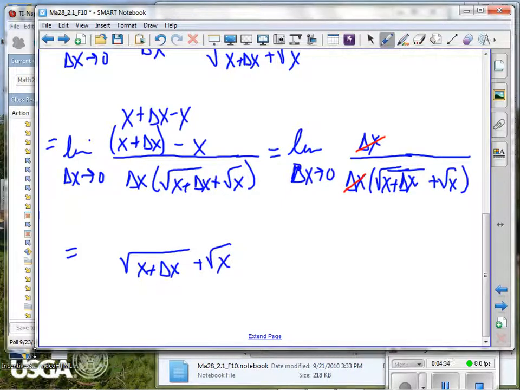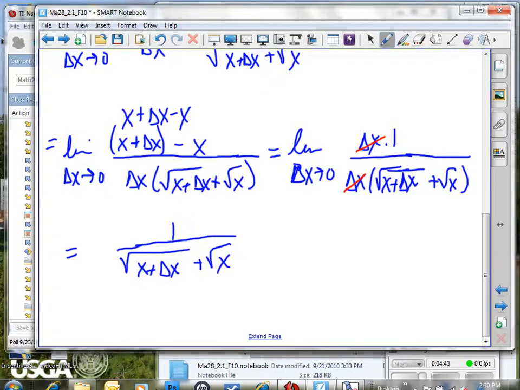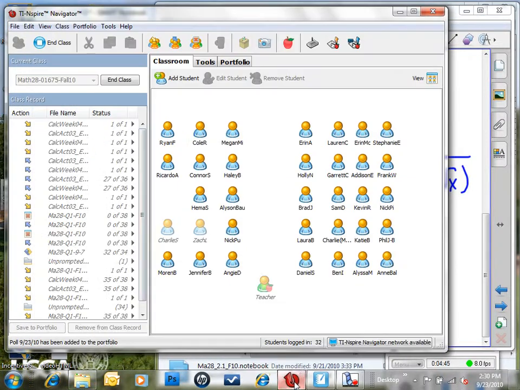Right? We forget the ones up there. Good. So it's 1 divided by that. Okay. Now, I'm going to look for an answer from everyone on this.